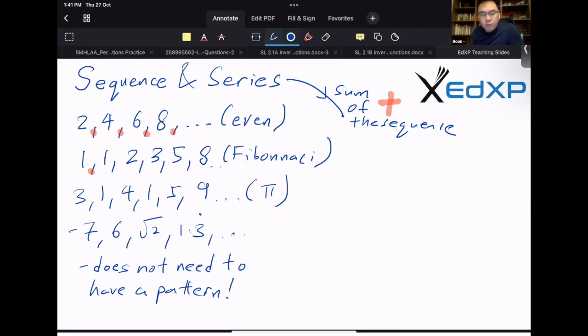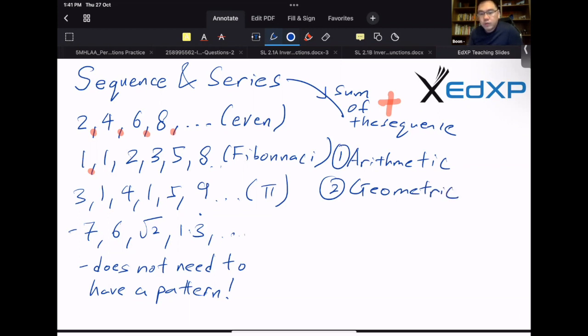In this video, I will focus mainly on two subtopics, which focus on two particular special sequences. The first one is the arithmetic sequence, and the second one, the geometric sequence.